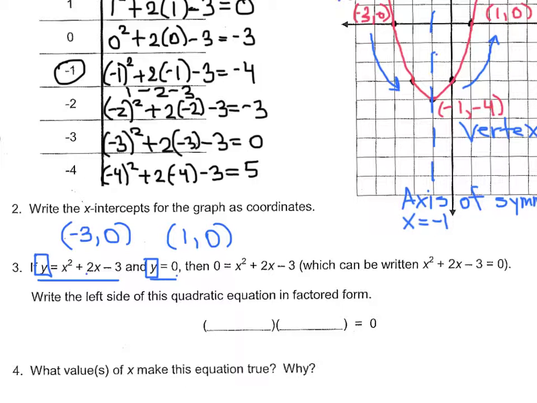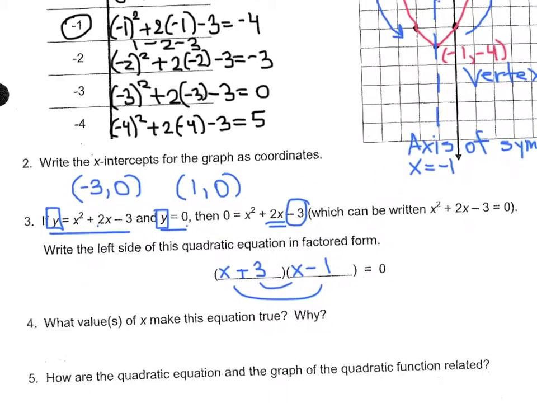Doesn't this remind you of the zero product property, where it's set equal to 0? Now we're going to write it as a product. So x times x is x squared, but what multiplies to -3 and adds to 2? Come on, I know you got it. That's right. Plus 3 and minus 1, because 3x minus 1x is 2x. Excelente.